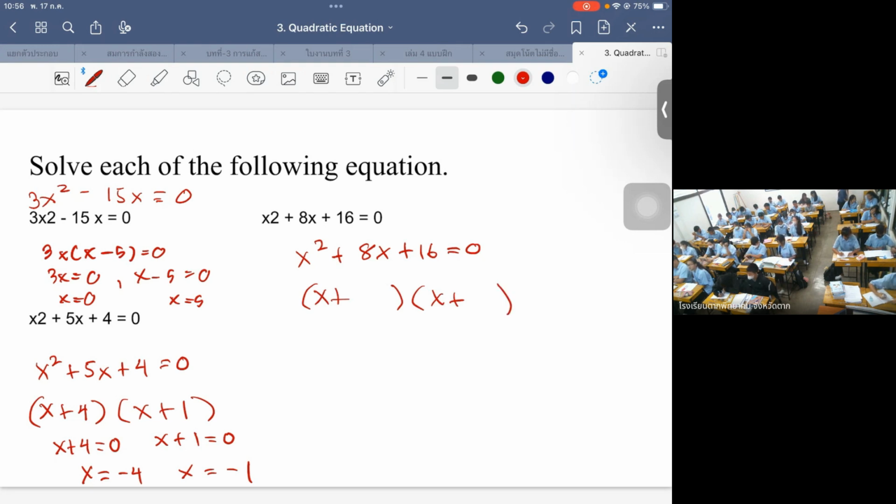And then we have 4 and 4. So the answer is x is negative 4 and x is negative 4. Question? No question? Now, let us proceed to the next example.